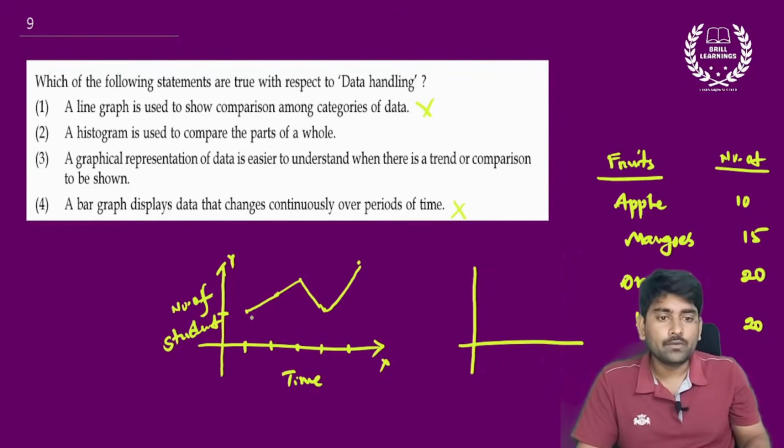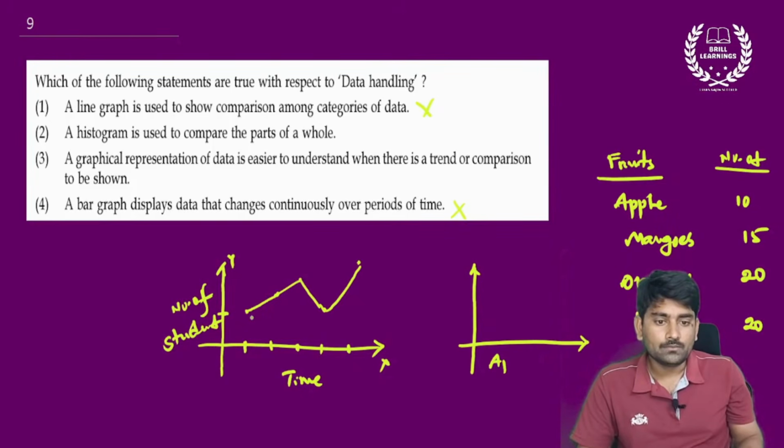If they have given data like this and I want to represent it in tabular form, I can represent it like this. First, apple, mangoes, oranges, kiwi. On the x-axis, it will look like this bar graph.